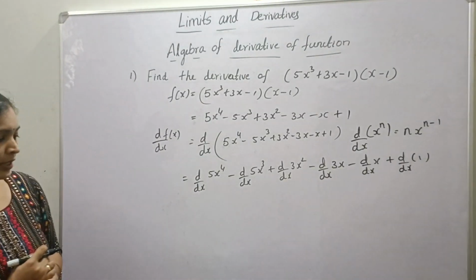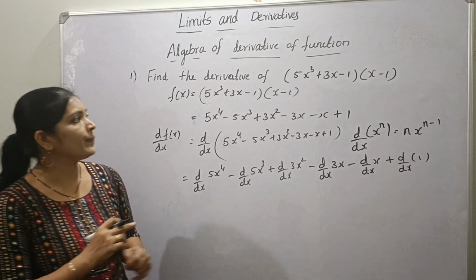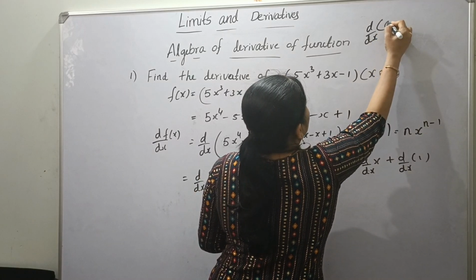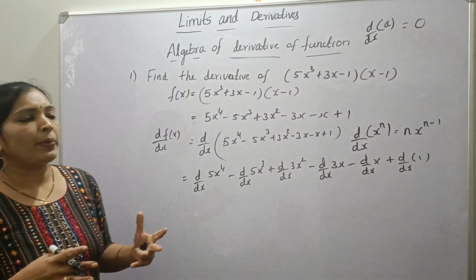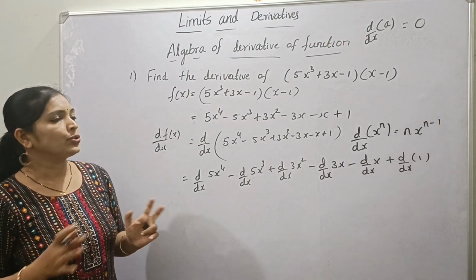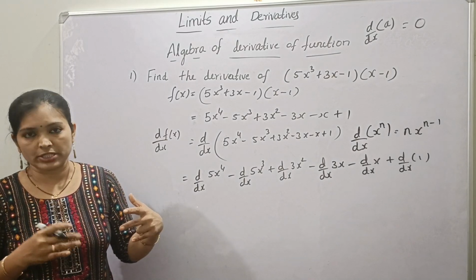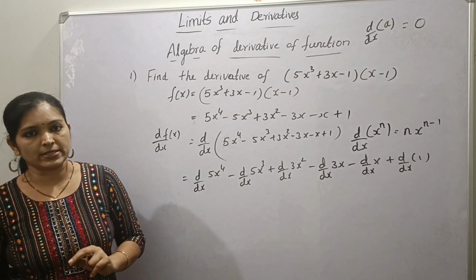One more thing, the derivative of a constant is 0. Okay, note it down: d by dx of a constant a is equal to 0. If you apply the first principle, you will get the answer 0. You just take f of x equal to a constant a, then apply the first principle method, and you will get the derivative of a constant function as 0.